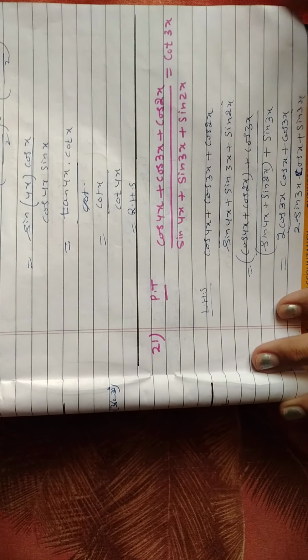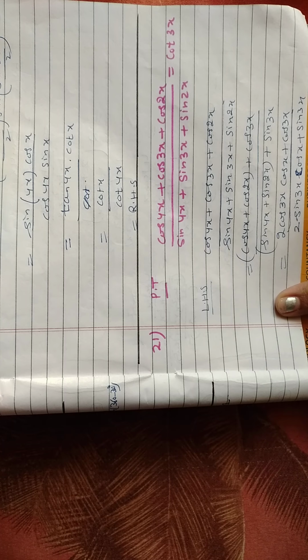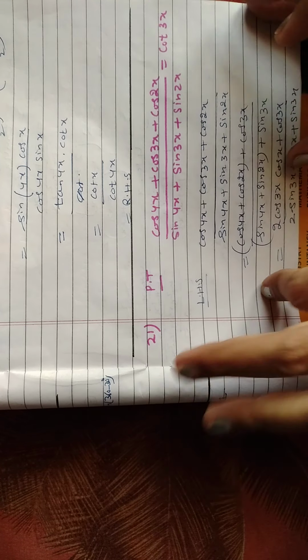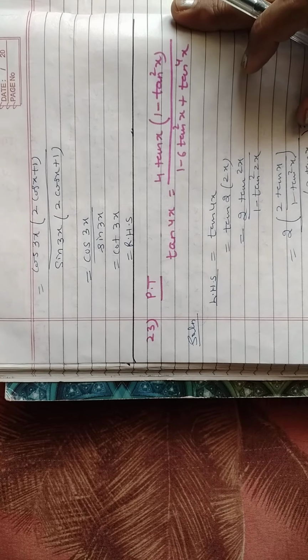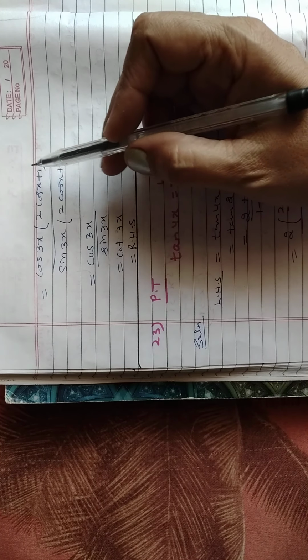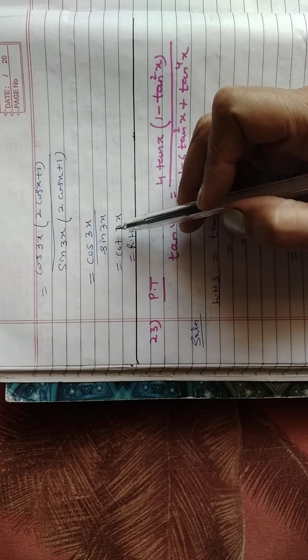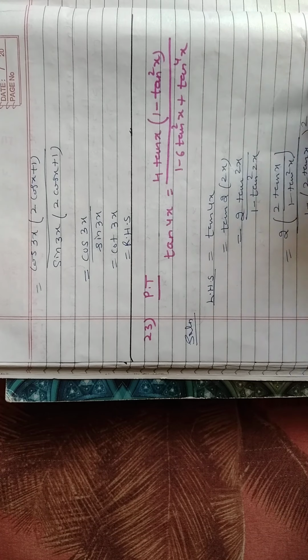Now from the numerator you may take cos 3x common, so you will get 2 cos x + 1, and in the denominator you may take sin 3x common, so 2 cos x + 1 will be left inside. Now this 2 cos x + 1 will get cancelled, so you will get cos 3x by sin 3x, which is cot 3x, equal to your right hand side.